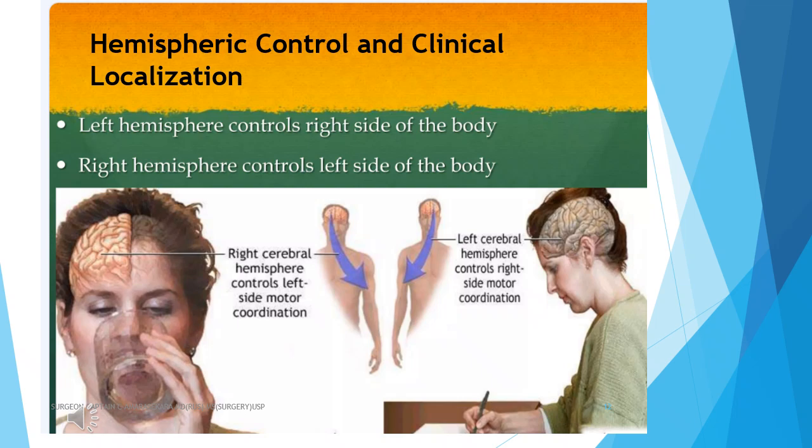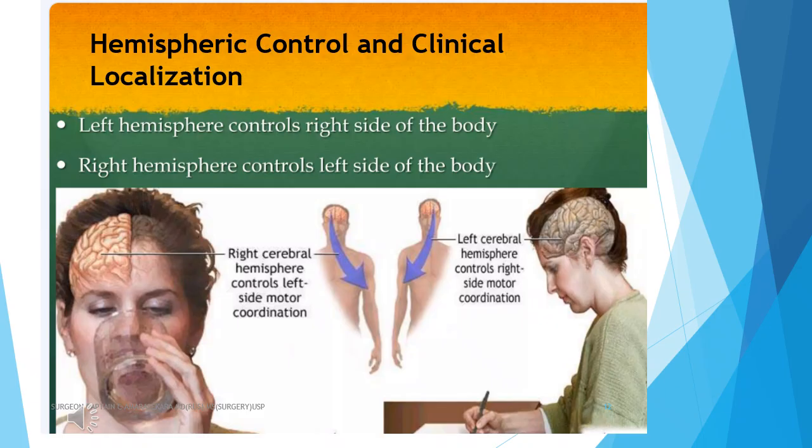Conversely, a lesion in the right parietal lobe may cause left-sided neglect, where the patient ignores stimuli on the left side of their body or environment, despite intact motor and sensory pathways. Let's apply these to real-world scenarios.